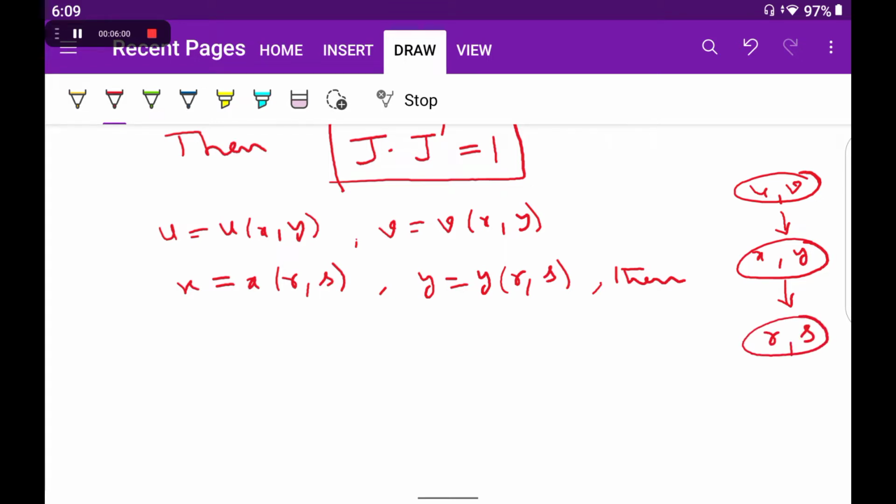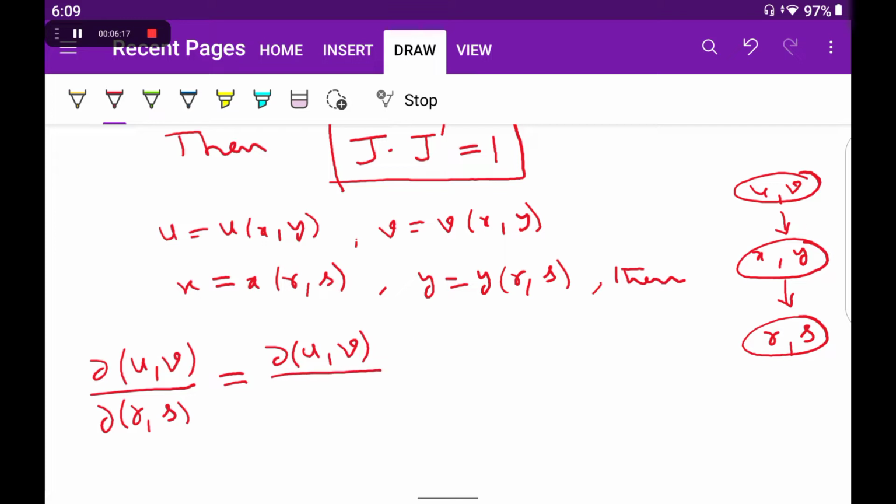In this case, this is a chain rule. If you want to find the Jacobian of u, v with respect to r comma s, what you can do?